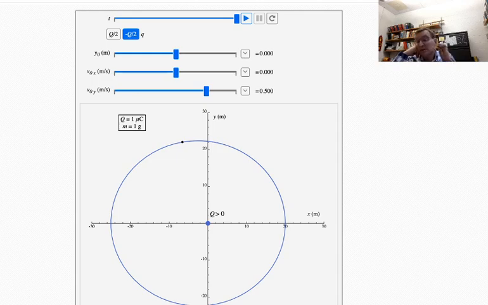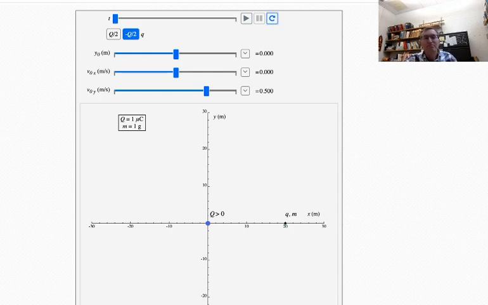Now that's going to be pretty hard to solve for. You wouldn't be able to solve Newton's second law for that. It's pretty messy. But actually, there is a situation we can apply Newton's second law to here that is less messy. What I contend is, if I change, I'm going to reset it. I'm going to change one thing only: V initial y, the initial y velocity. Right now it's 0.5 meters per second.